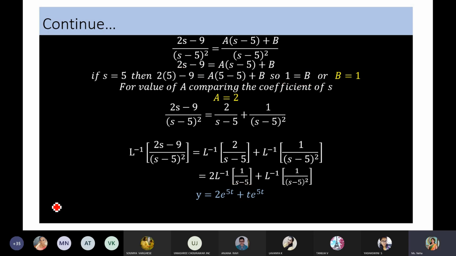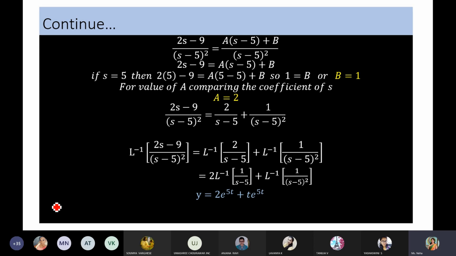So how are you supposed to solve the differential equation using Laplace transformation? Step number 1, apply Laplace transformation on both the sides. Step number 2, apply the formula. Step number 3, keep f of s at one side and put everything on the right hand side.